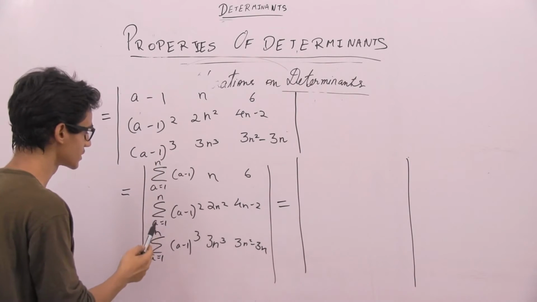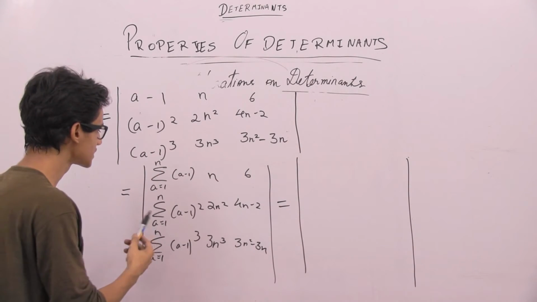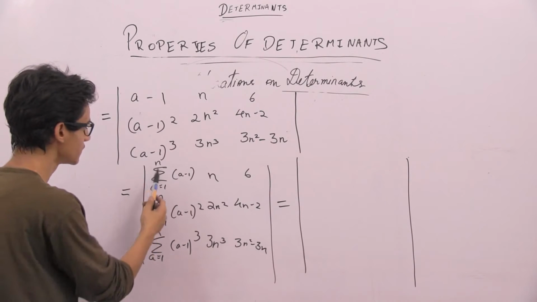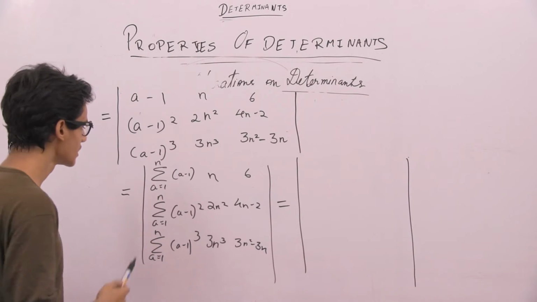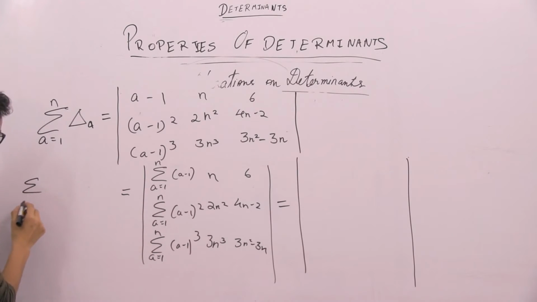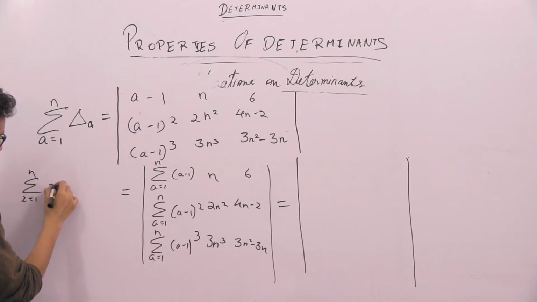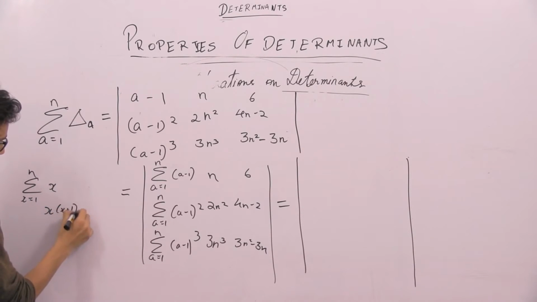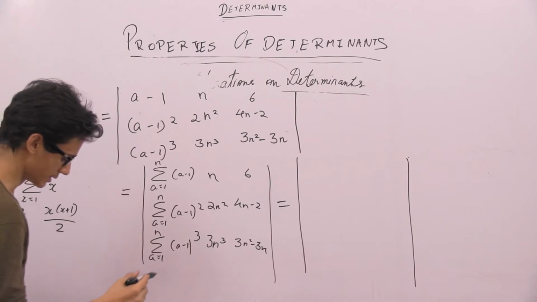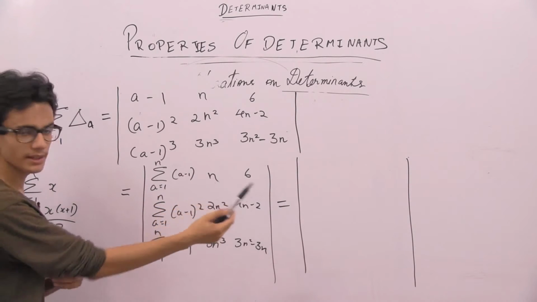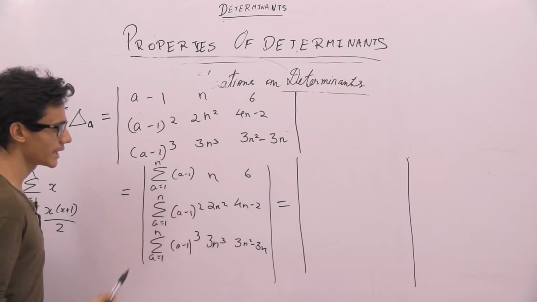for normal summation of simple natural numbers, the formula for this type of summation is summation of x equal to 1 to n of x is n into n plus 1 by 2. Here x has been replaced by a minus 1.